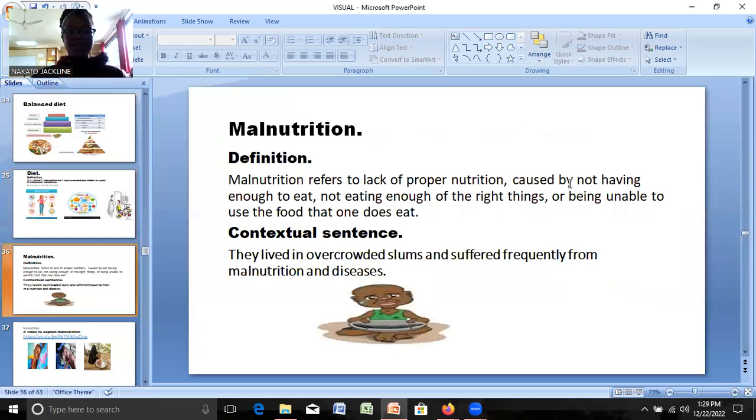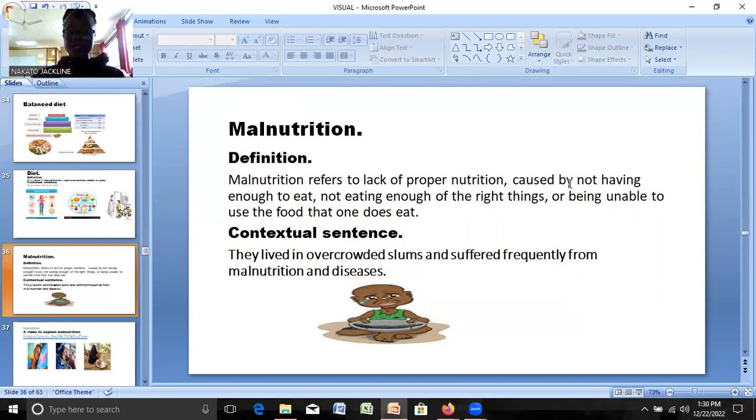And then another keyword, we have malnutrition. Malnutrition refers to lack of proper nutrition caused by not having enough to eat, not eating enough of the right things, or being unable to use the food that one eats.